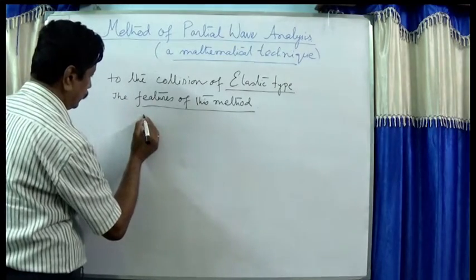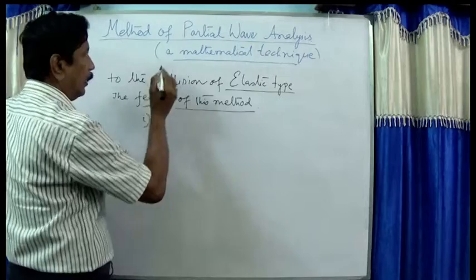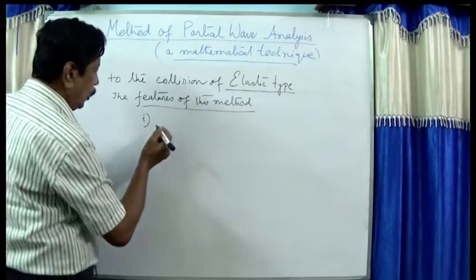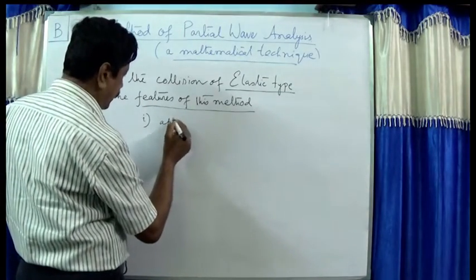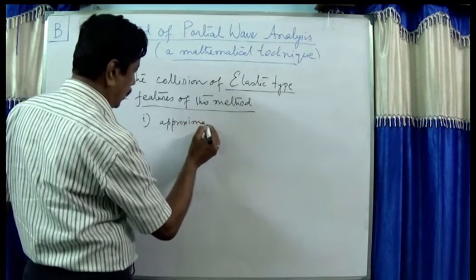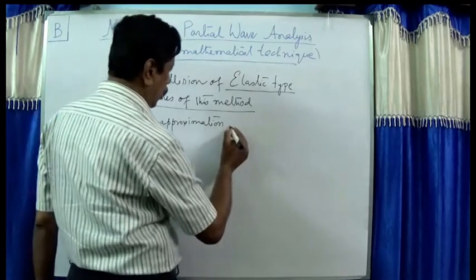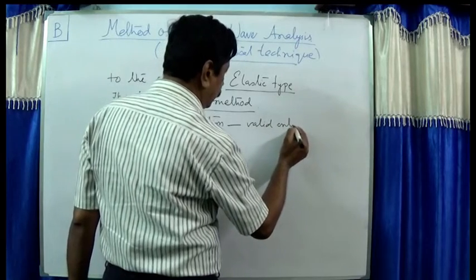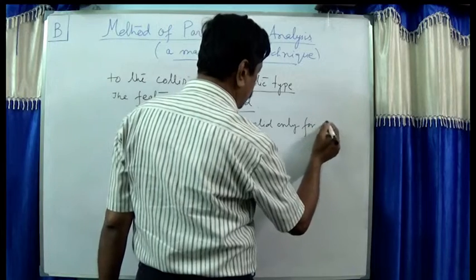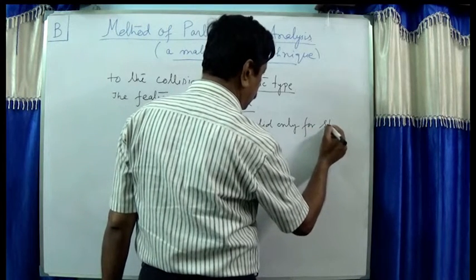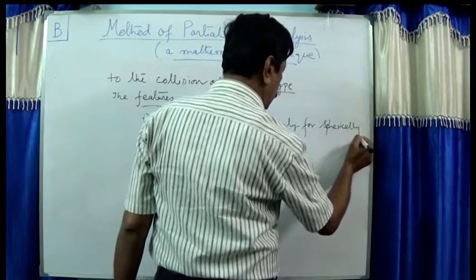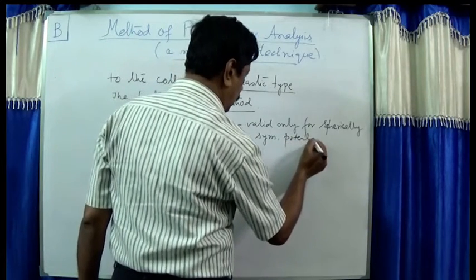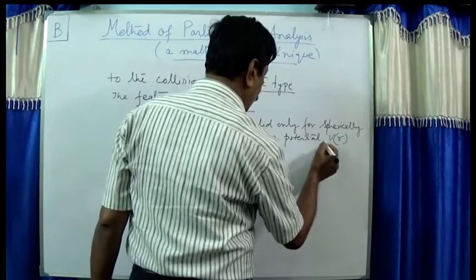Firstly, this method of partial wave analysis is an approximation method, which is valid only for spherically symmetric potential, that is V of r.